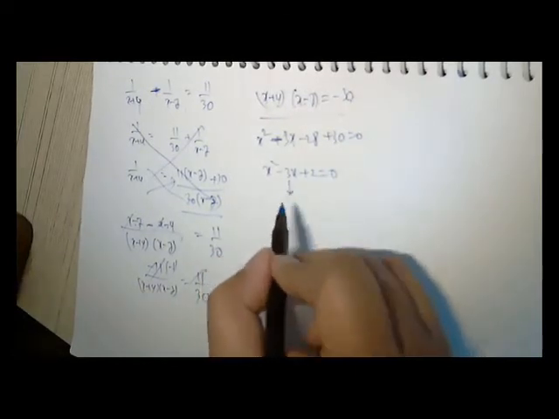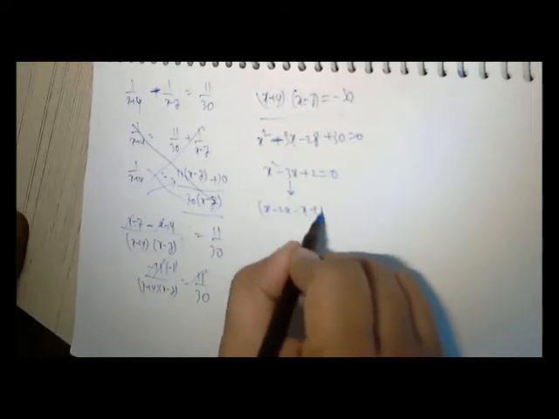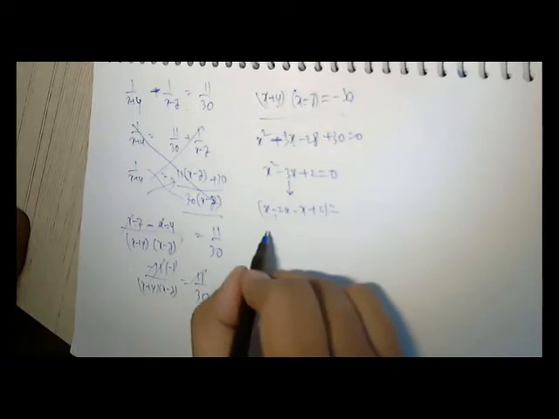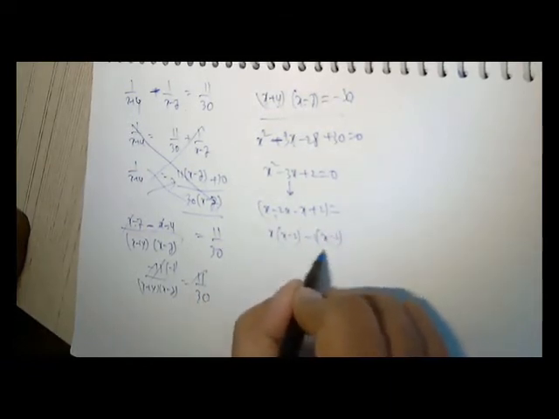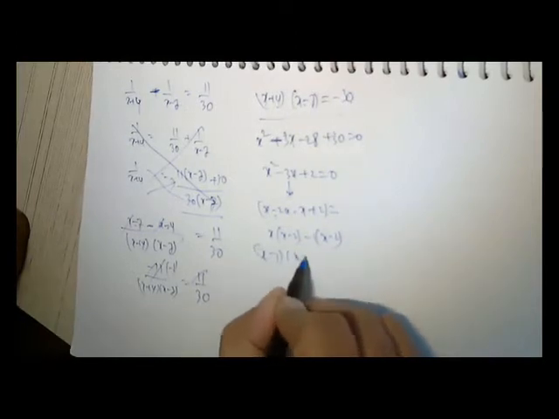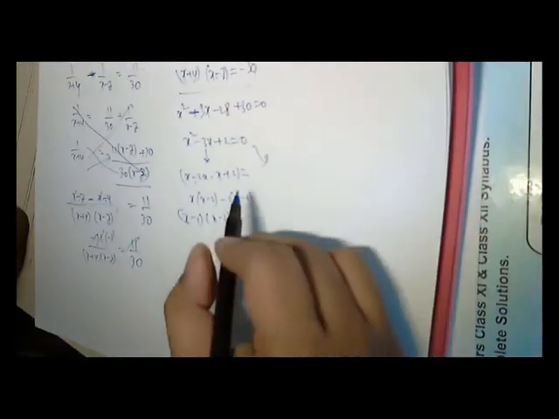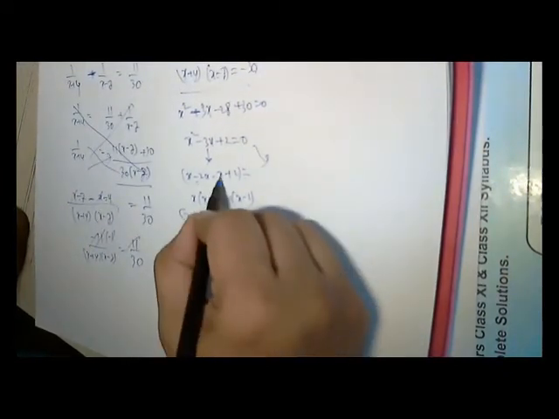By factorization method, minus 2 into minus 1 is plus 2, minus 2 plus minus 1 is minus 3. So this is x into (x minus 2) minus 1 into (x minus 2). So (x minus 1) into (x minus 2). So x is equal to 1 and 2 are the roots by factorization method.